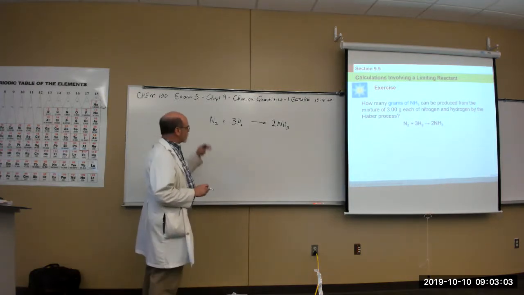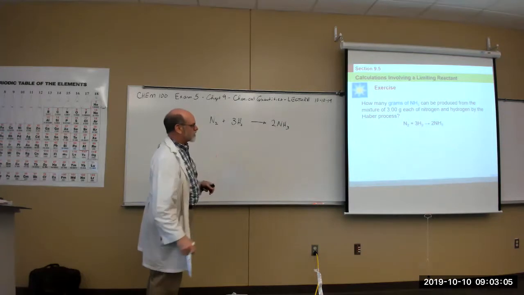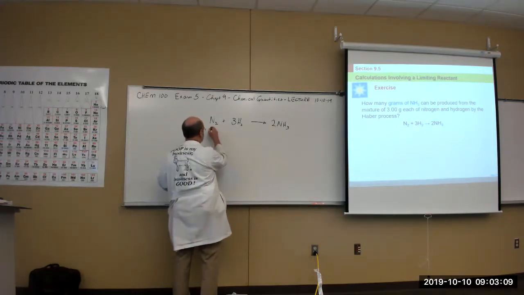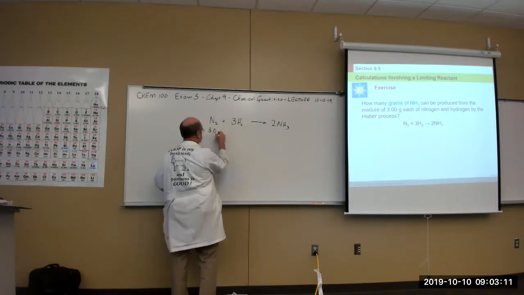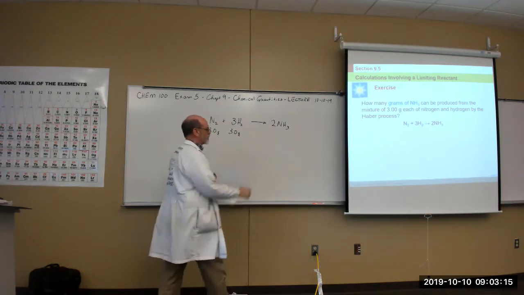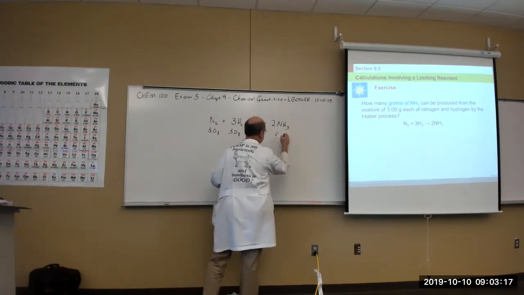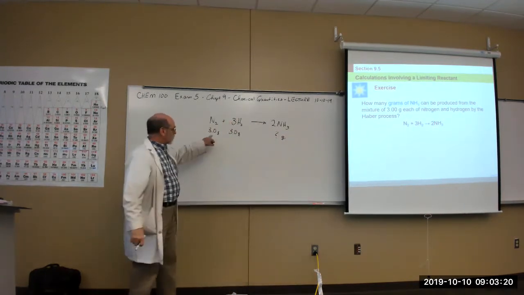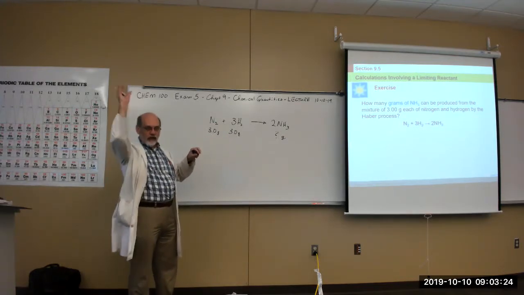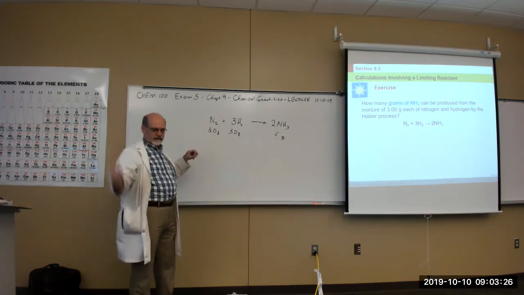All right, so we got a balanced equation there. And we're given 3 grams each of these two. 3 grams. How much ammonia can you produce? All right. So you're given absolute amounts of each one. So the light bulb goes on, says one of them is limiting.